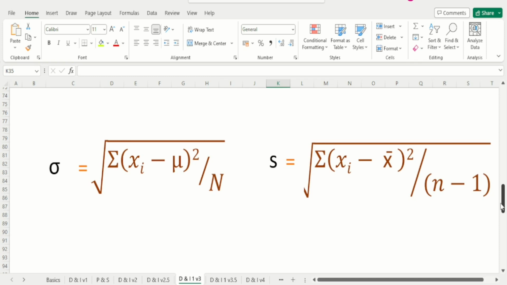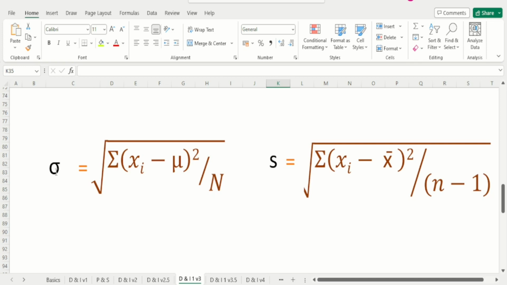As a result, what you'll see is that the individual data point, which is represented by x subscript i, is being subtracted from the parameter average or parameter mean, so that we can get the distance between each point and the mean, and then you square it, divide by n, and take the square root. N here represents the count of the entire population. So another key thing to remember, there are two different symbols here.